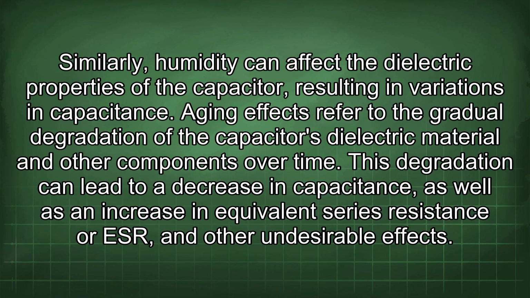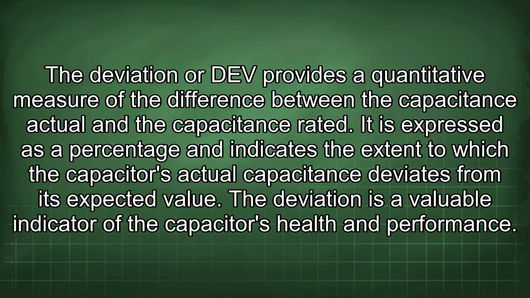and other undesirable effects. The deviation, or DEV, provides a quantitative measure of the difference between the capacitance actual and the capacitance rated. It is expressed as a percentage and indicates the extent to which the capacitor's actual capacitance deviates from its expected value. The deviation is a valuable indicator of the capacitor's health and performance.